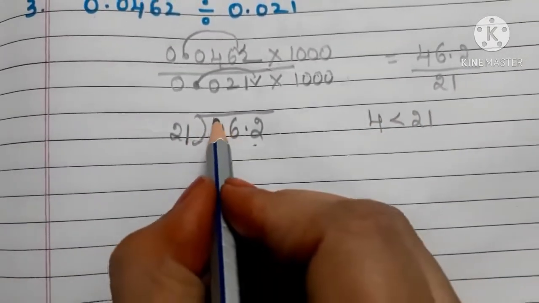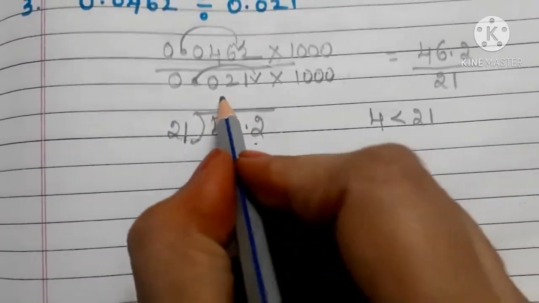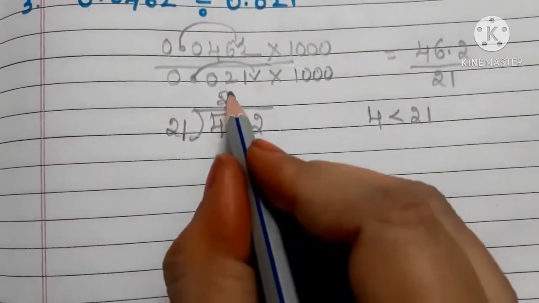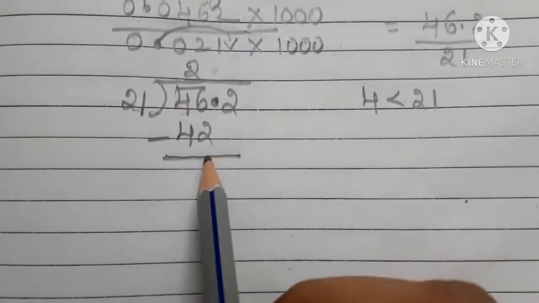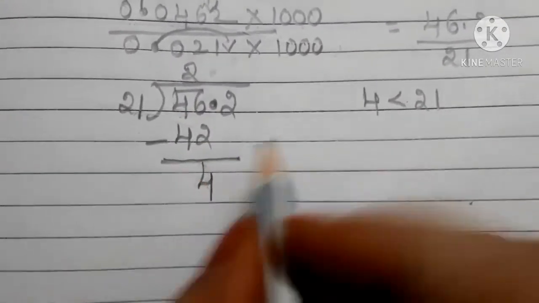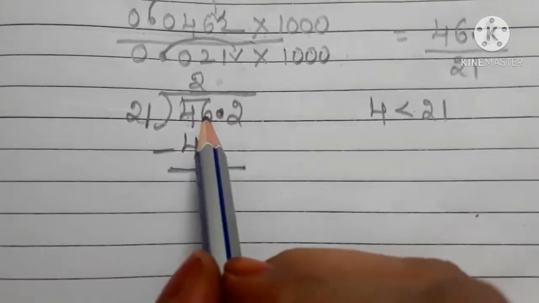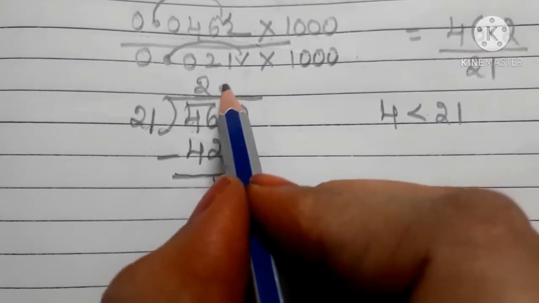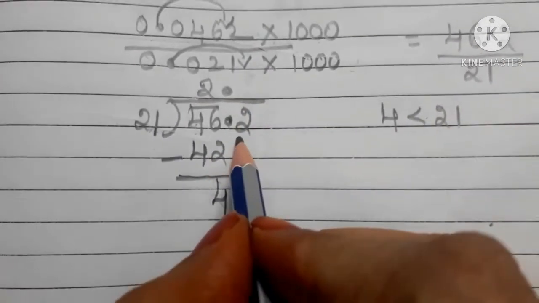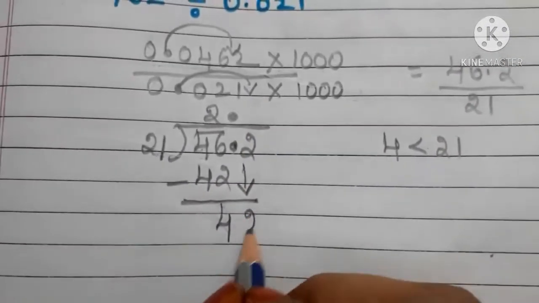So consider 46. 21 2s are 42, right? So write 2 here, 42 here. 46 minus 42 is 4. Here in the dividend 46 after decimal point is there. So in the quotient also we need to put the decimal. Now down the number 2.